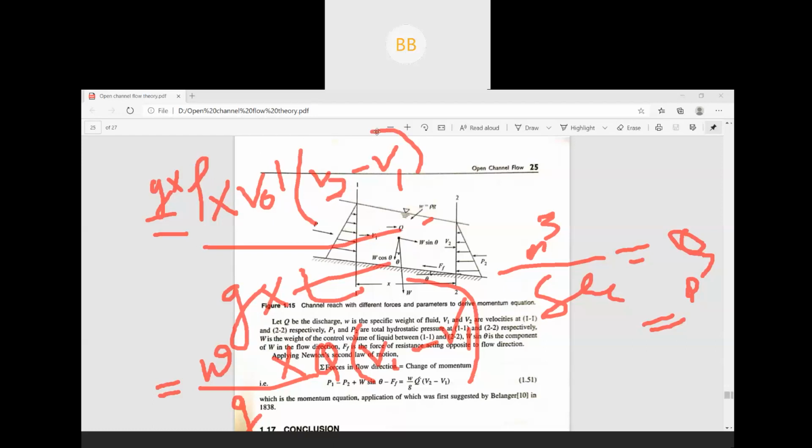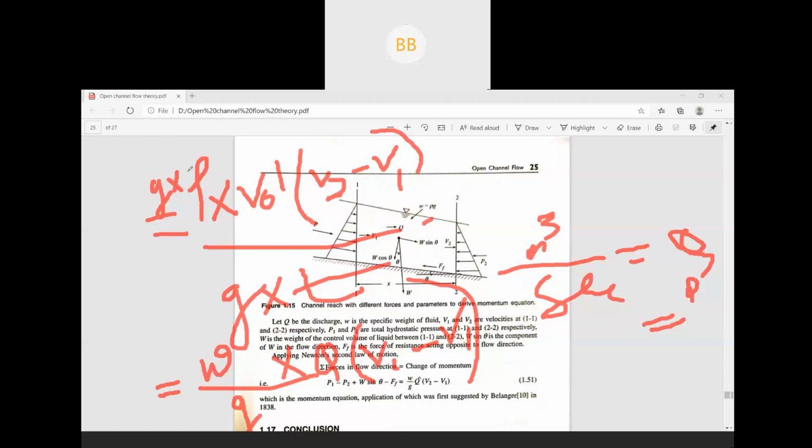So in place of mass, we have taken the equation of density. That is density equal to mass by volume. So in place of mass, we can write density into volume. So volume divided by time, that is, the unit of volume is meter cube, time we have considered second, so meter cube by second is nothing but our discharge. So in place of this volume by time, we have substituted discharge.